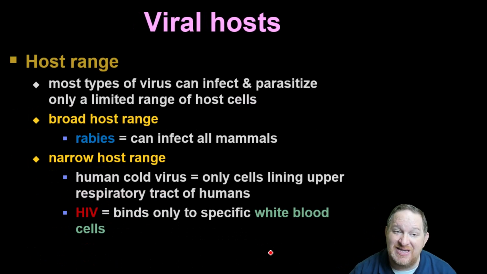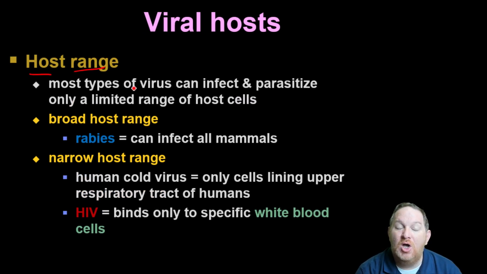Okay, where can a virus live? We talked about the idea that they need a host. Some viruses have a broad host range and some have a narrow one. What's a host range? Believe it or not, some viruses can infect many different animals.